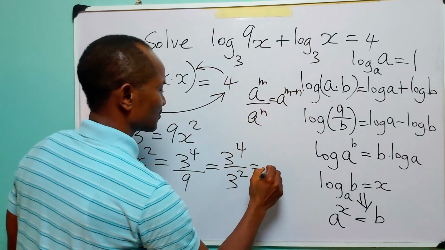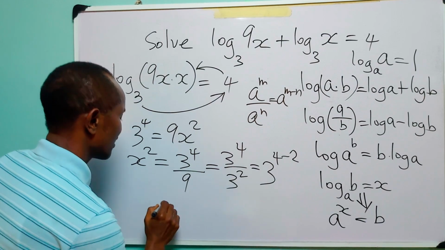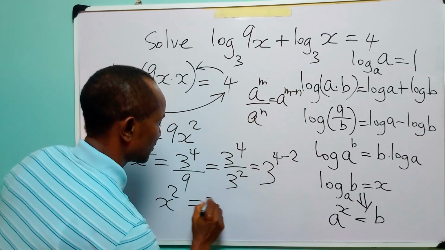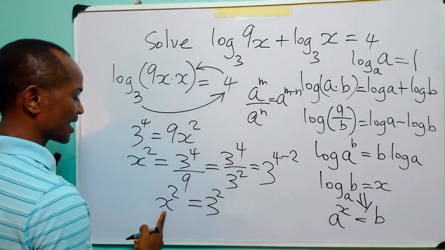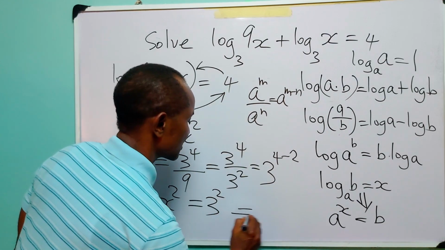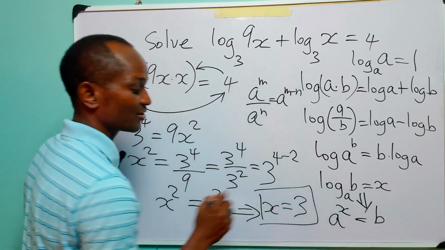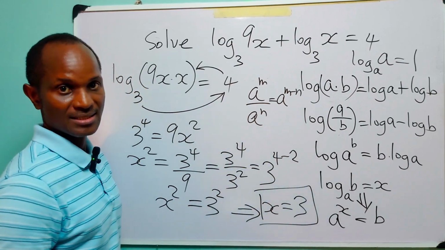So this is simply equal to 3 raised to power 4 minus 2. So we have that x squared is equal to 3 squared. So that simply means that x is equal to 3. And you can see that we arrived once more at the same answer.